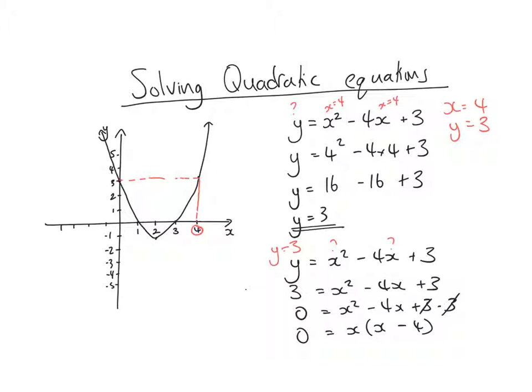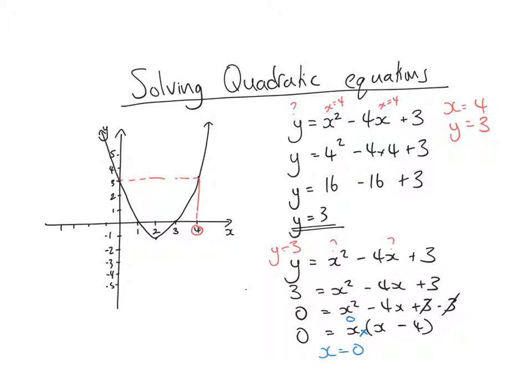This equation has got two solutions. So we're looking for the values of x that will make this equation equal to 0. So remember, there's a multiply in there. So when we multiply anything by 0, the result is 0. So one of the solutions is x equals 0.